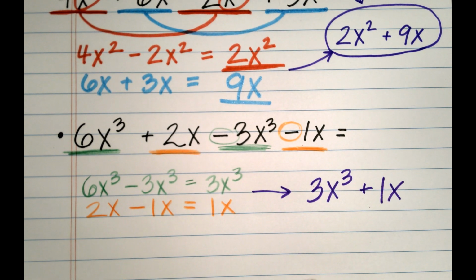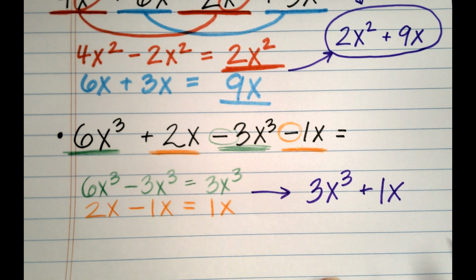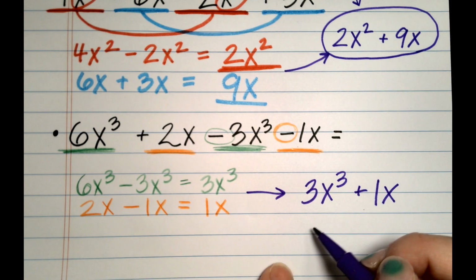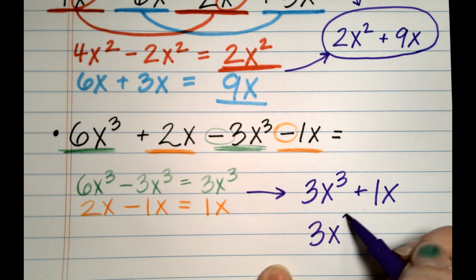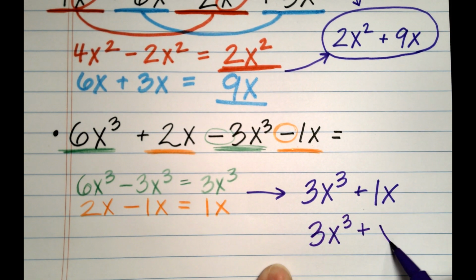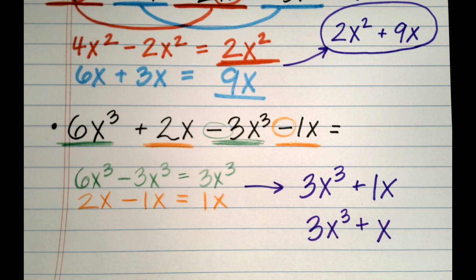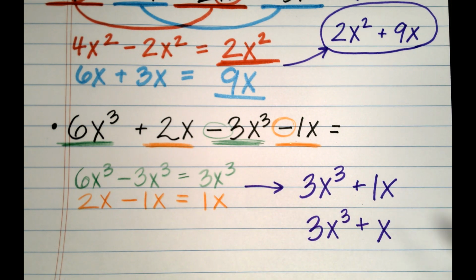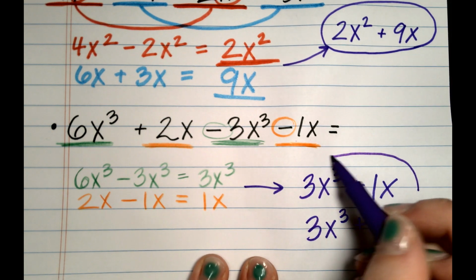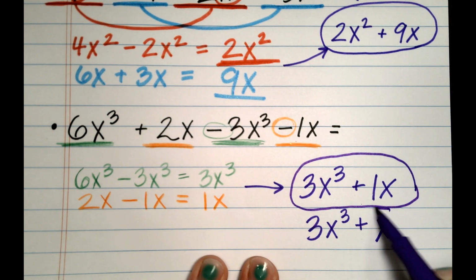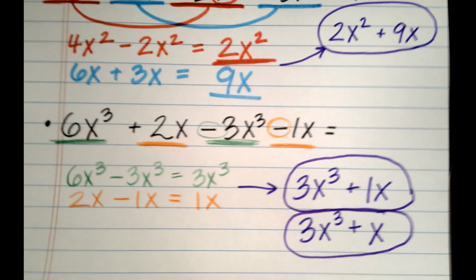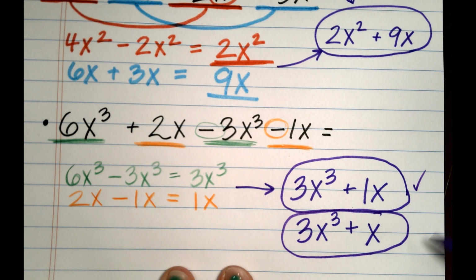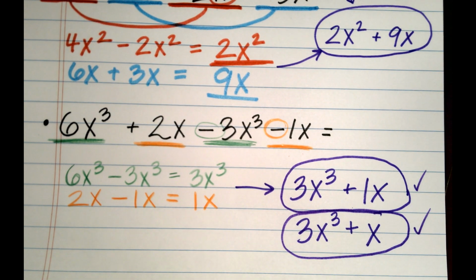You could also write 3x to the third power plus x, because x is always going to be like 1. So these are our answers. Either one is good. How do we feel about like terms?